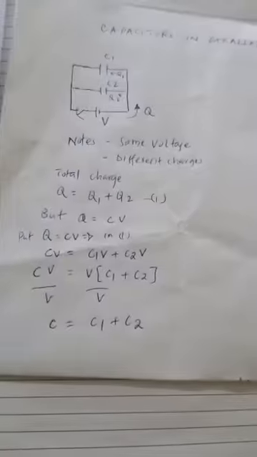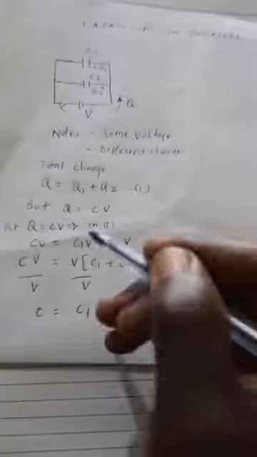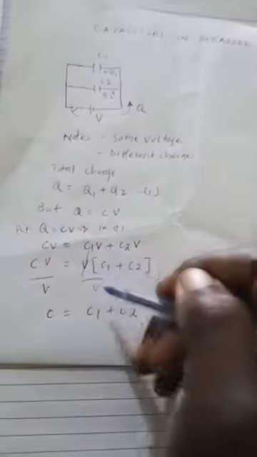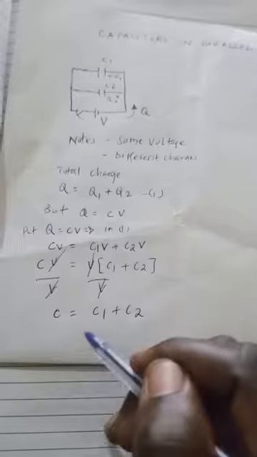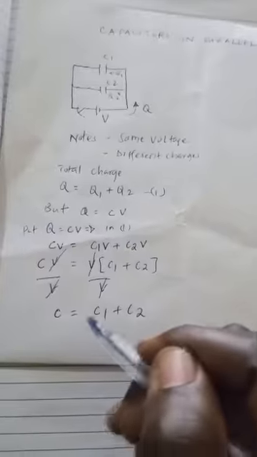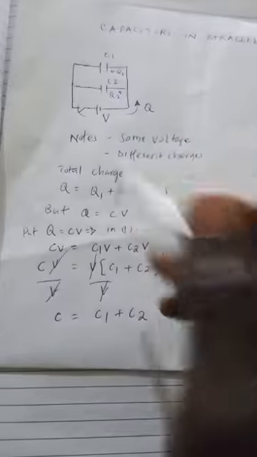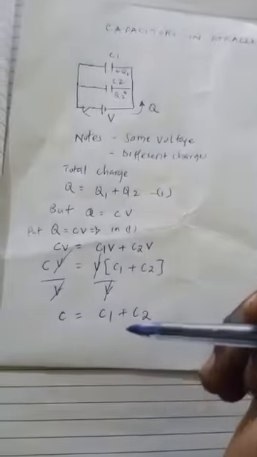So when we do the math by cancelling, because we have to divide both sides by V, we find that the capacitance of a combination of these two capacitors is going to be C1 plus C2.